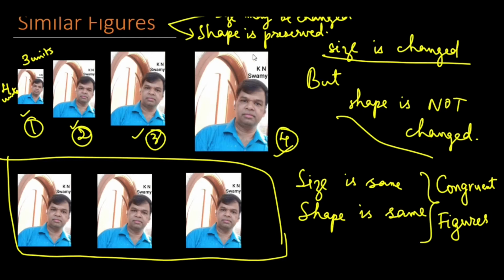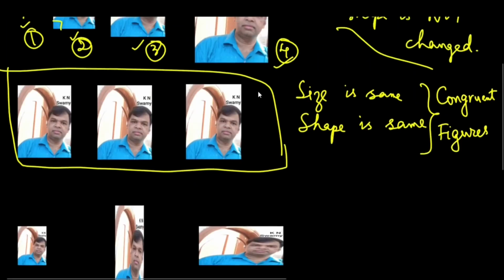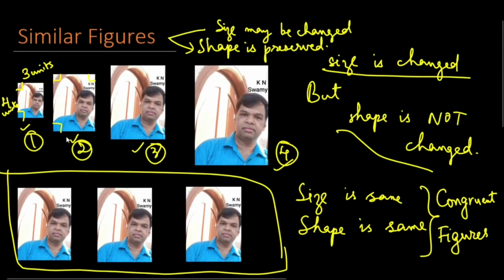When the sides are proportionally changed and the angles are not changed, we are getting similar figures.